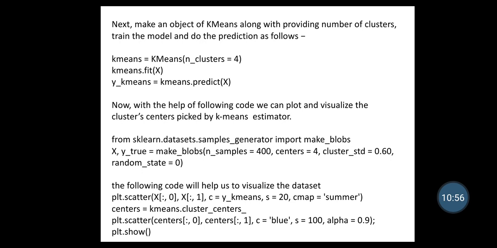Then I write plt.scatter and put in the arguments defined in our visualized data. After that, plt.scatter of the centers, with the values from zero and cluster colon 1, c equal to blue, s equal to 100 and alpha equal to 0.9.